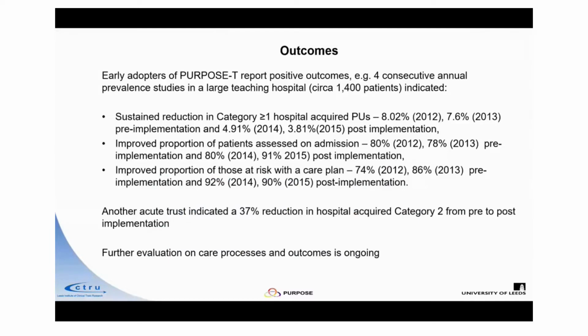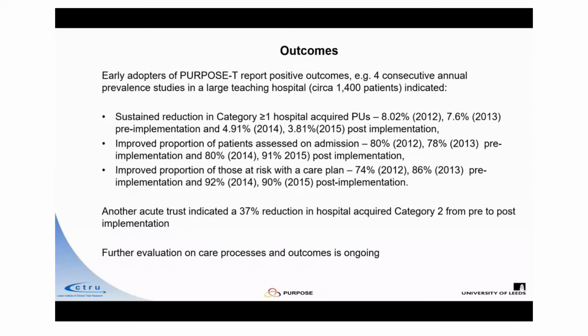And so in terms of outcomes, this is the tricky bit really, because there needs to be more work done on the actual outcomes. But we've had reports from early adopters of Purpose T who've reported positive outcomes, for example, in consecutive annual prevalence studies in a large teaching hospital.